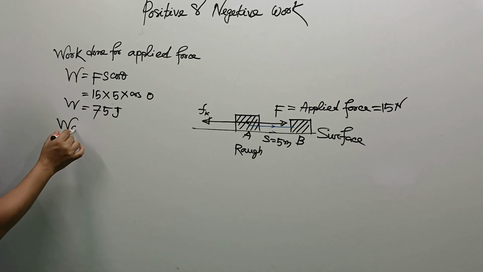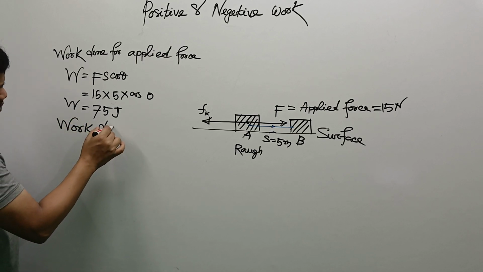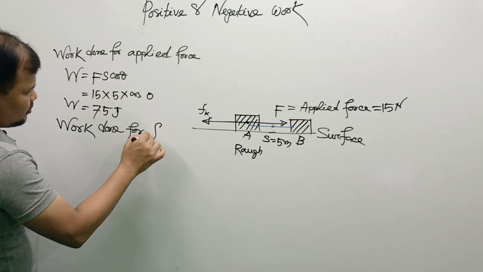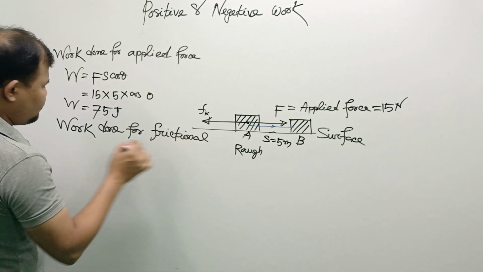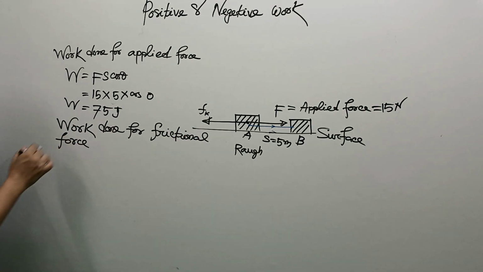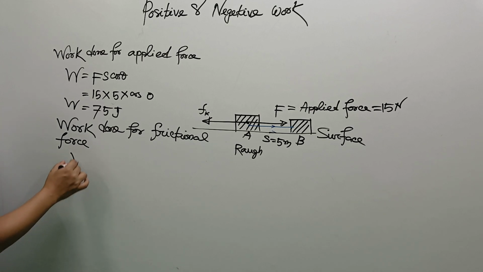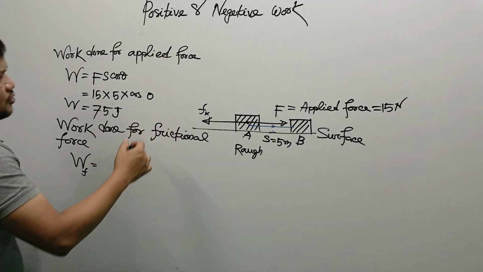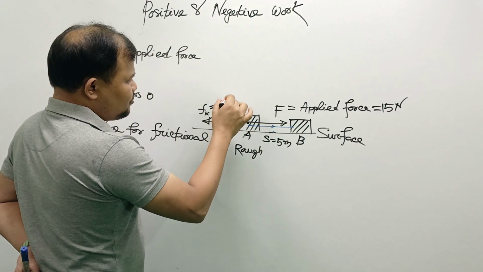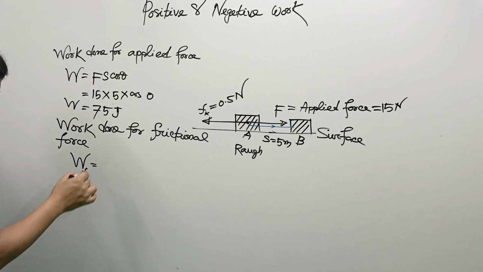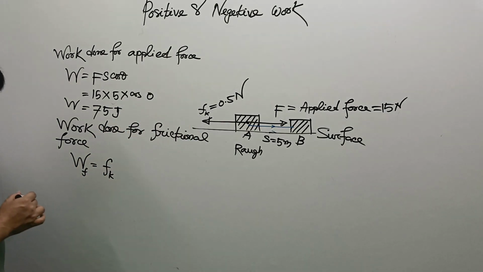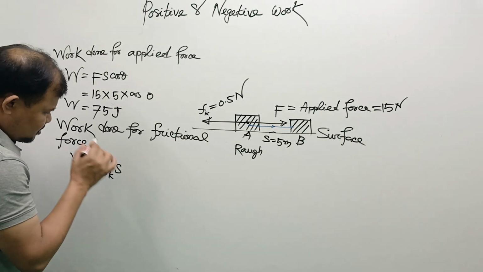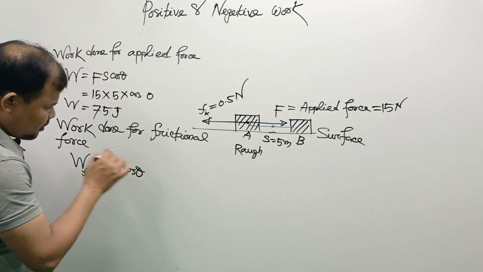Now we measure the work done by the frictional force. My dear students, try to understand what is actually happening. Suppose the magnitude of the frictional force is 0.5 Newton. So we put the magnitude of the force Fk, displacement S and cos theta. This is our equation.